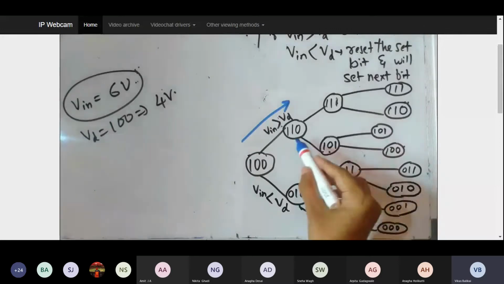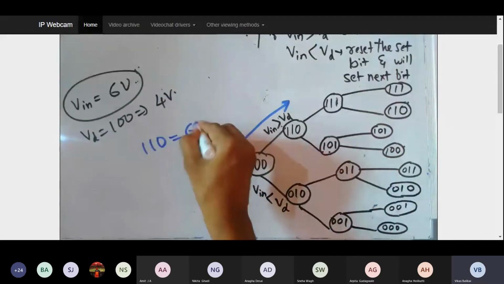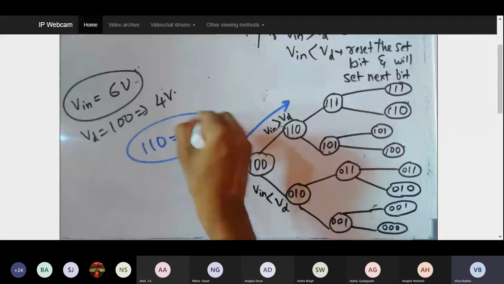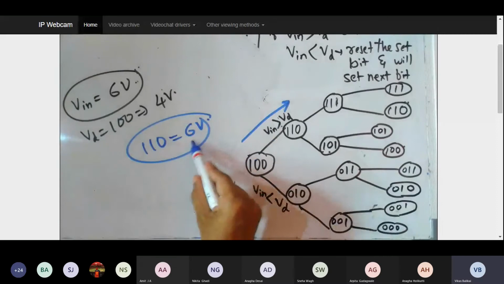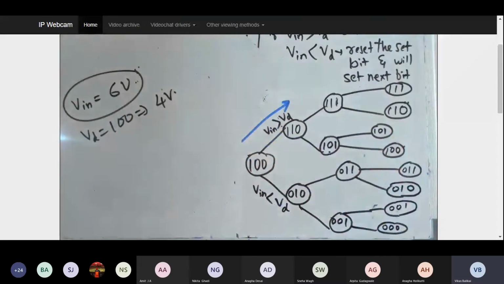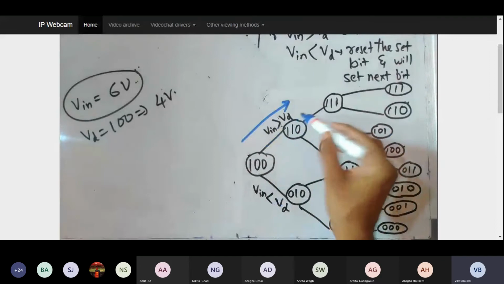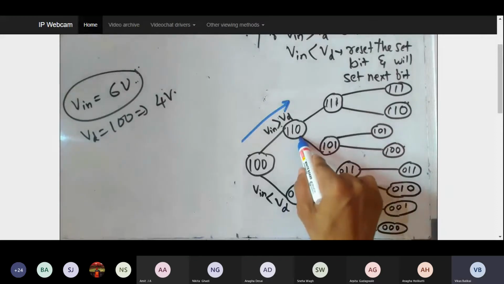So what is the outcome? 110 is exactly equal to 6 volt. So now it is going to give the condition whether Vin is greater than VD or Vin is less than VD. I have already reached a condition, which means I have obtained a value of 110.